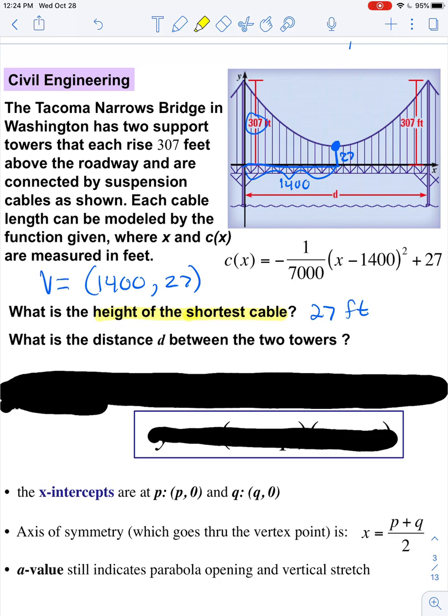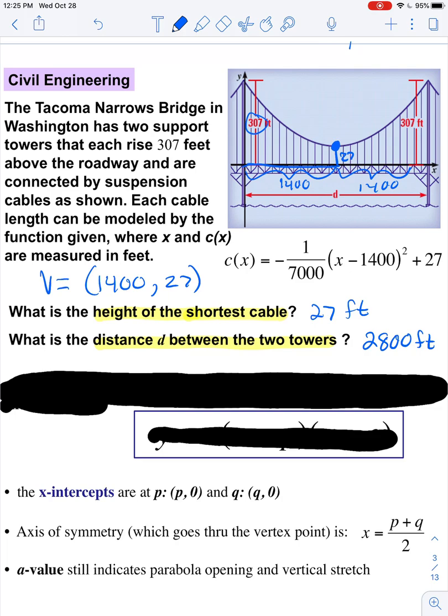All right, then this one's asking me for the distance between the 2 towers. So be careful about that. If 1400 measured to the middle, then obviously you'd have to go another 1400 to get to the other side. So you have to use a little bit of logic and a tiny bit of arithmetic to find out that must be 2800 feet from one side to the other.